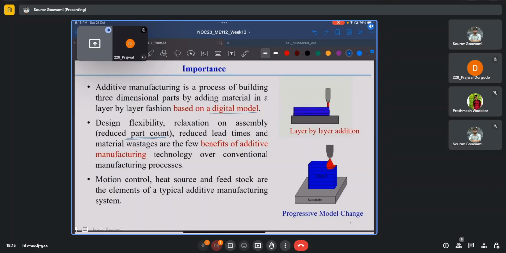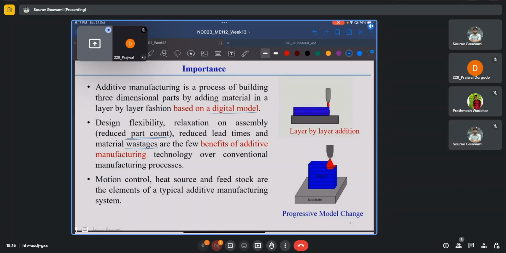They would have their own geometric dimensions and tolerances. They have to be interchangeable. And of course, we know that the joints are the weakest part of any design, and that is where they would have failed from. And later, we make them into a unibody. So we reduce the design effort, we reduce the part count, as well as we increase the life of this part. The lead times are reduced, as we discussed, and the material wastage is also far lower.